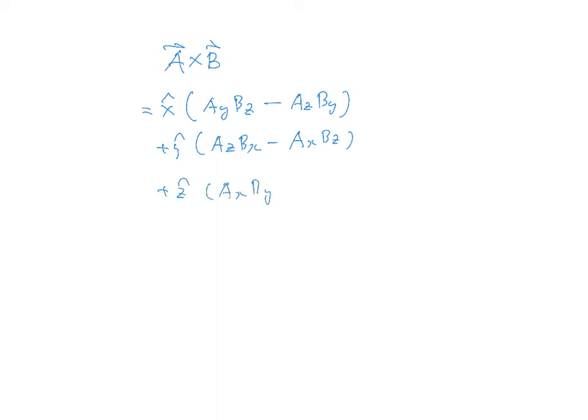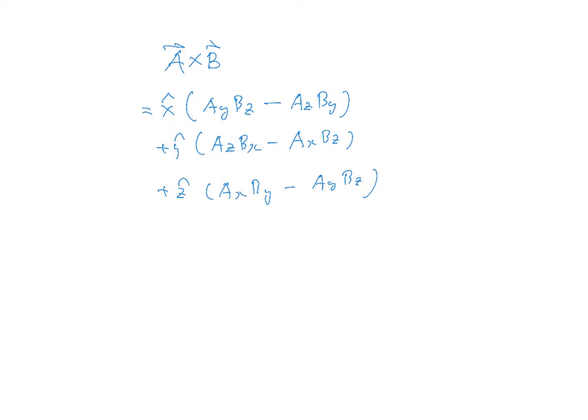Remember how to calculate the vector product. It's x, (ay bz minus az by), plus y, (az bx minus ax bz), plus z, (ax by minus ay bx).